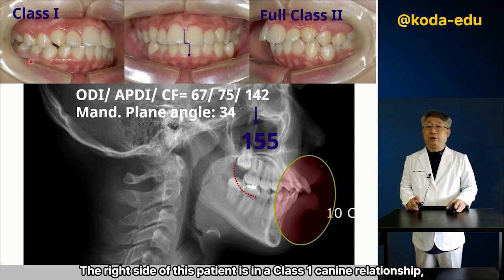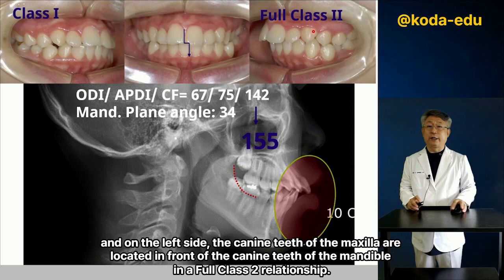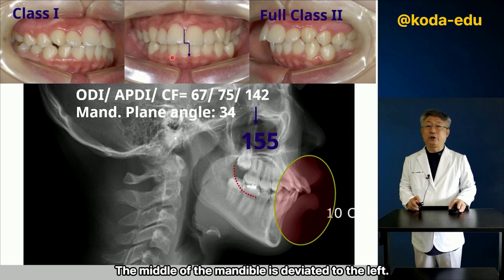The right side of this patient is in a class 1 canine relationship, and on the left side, the canine teeth of the maxilla are located in front of the canine teeth of the mandible in a full class 2 relationship. The middle of the mandible is deviated to the left.